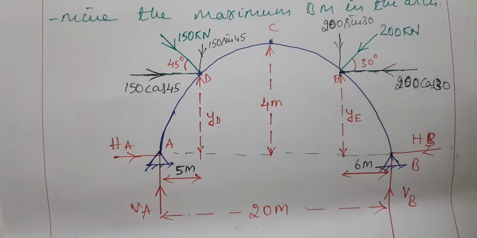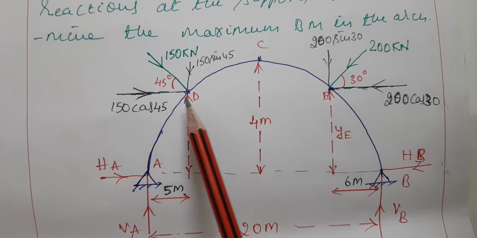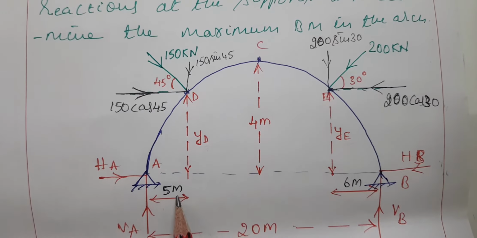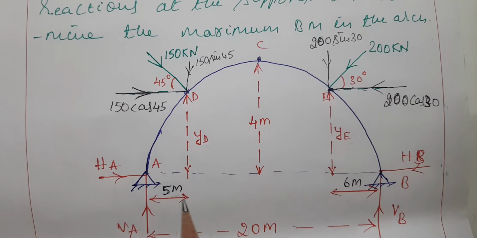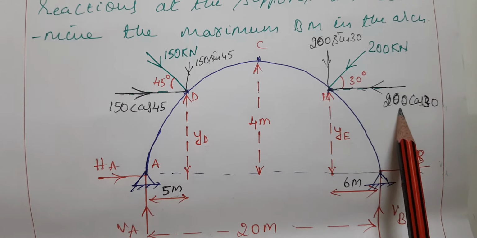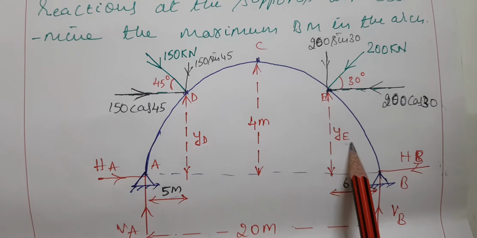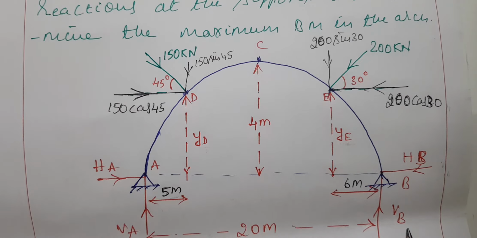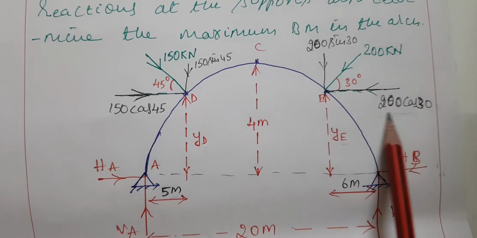Okay, if you consider moment at this point, this tends to rotate clockwise multiplied by this, and this tends to rotate clockwise multiplied by this, and this tends to rotate clockwise multiplied by the perpendicular distance from here to here. Okay, and 200 cos 30 multiplied by the perpendicular distance from here to here, that is YE, is anti-clockwise. VB multiplied by the perpendicular distance, this one, also tends to rotate anti-clockwise.